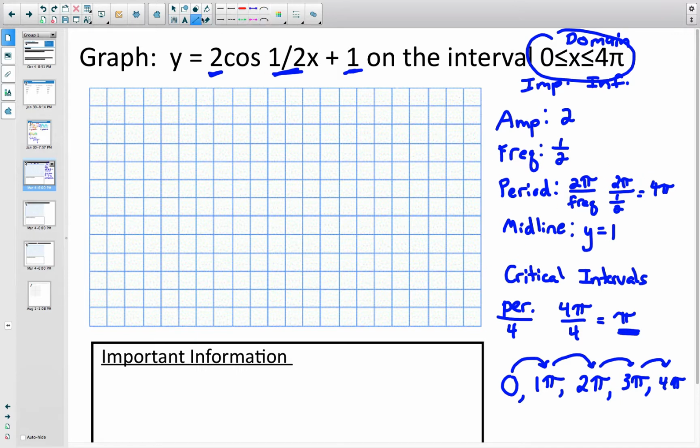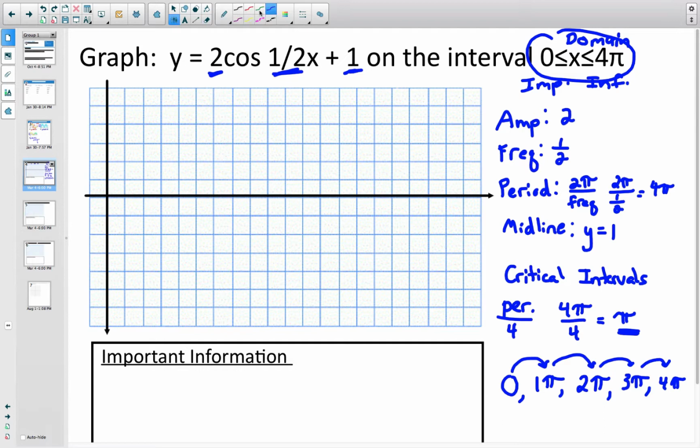Next, let's go to our graph now. So we can go ahead and make our axes. So we'll go down the middle. And since we're starting at 0, we could really make this left aligned. And over here. Next thing that I'm going to do is just figure out a good scale.